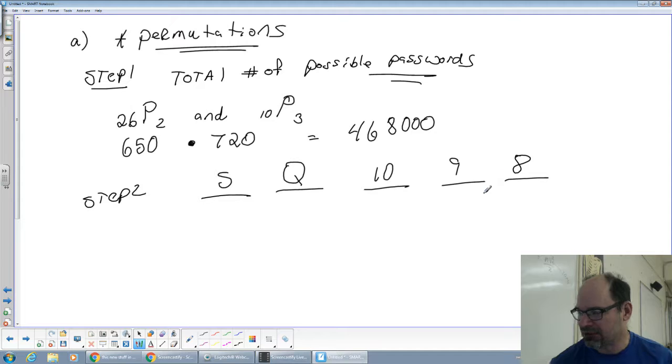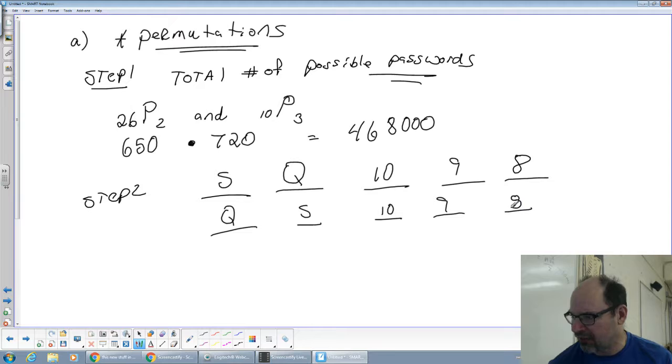any of the 8 numbers. Or we could have it this way, a Q, then an S, and then 10 numbers there, 9 numbers there, and 8 numbers there. So if we do that, and we can have it this way or this way, so we have to add these two together. So if we take and calculate that, this is just one S and one Q, and one S. So there's basically these numbers.